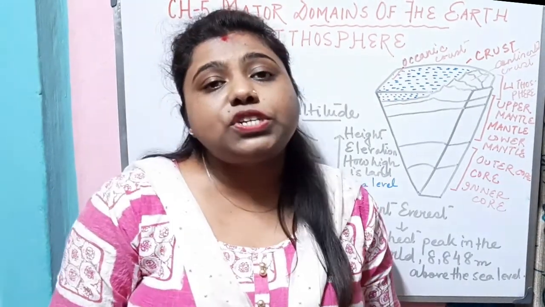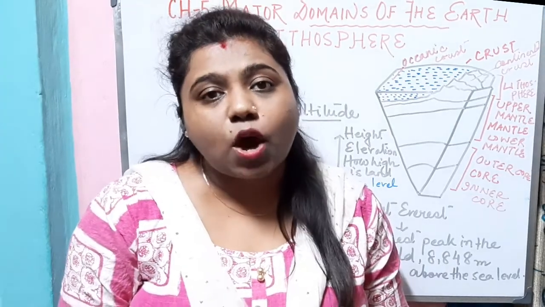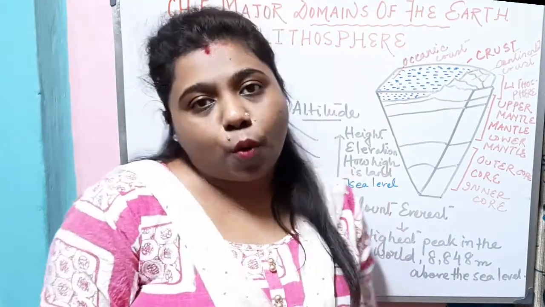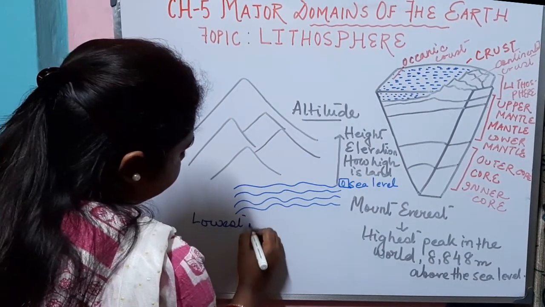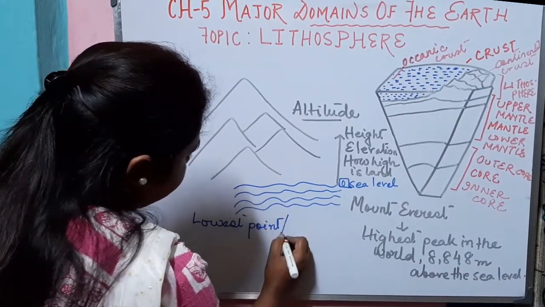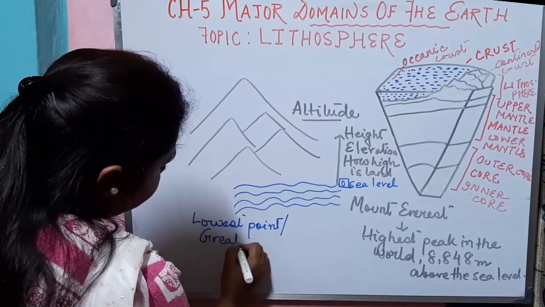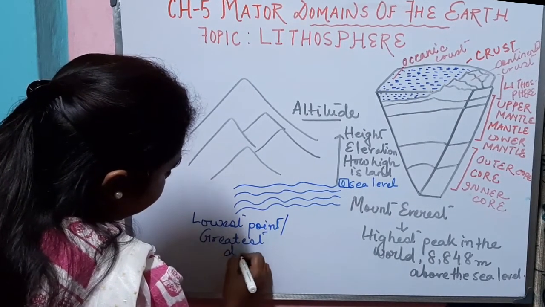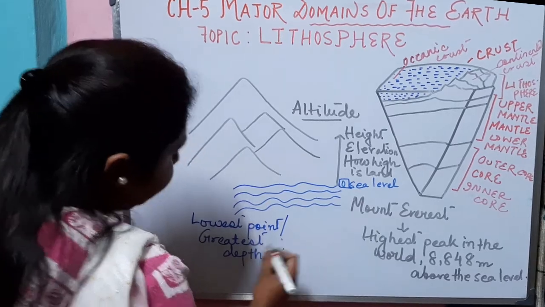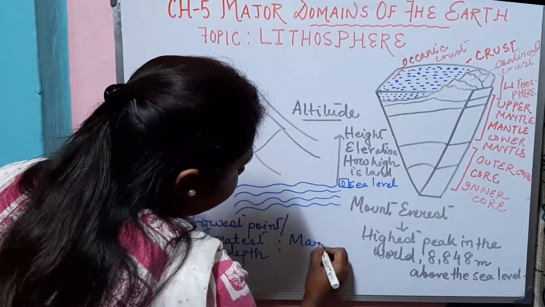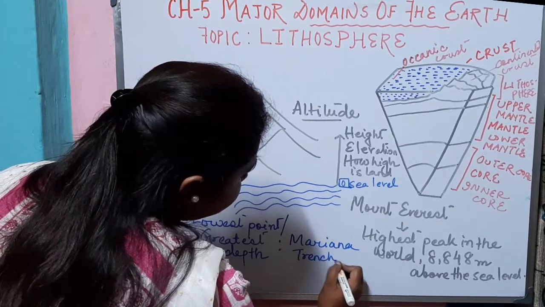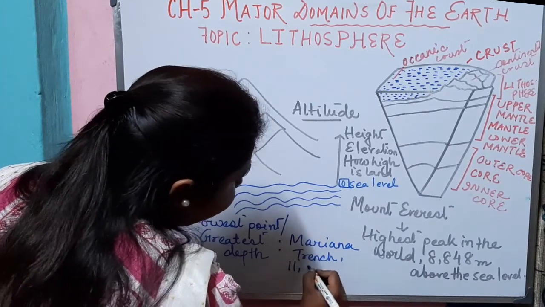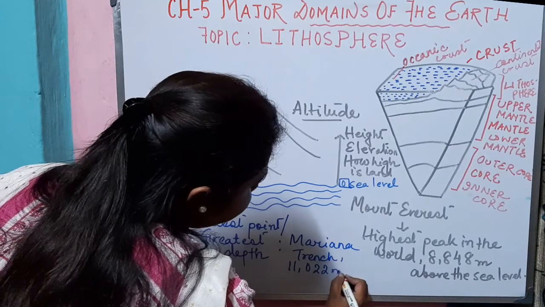Now let us know which is the greatest depth in the ocean. That means the lowest point in the ocean. The greatest depth is recorded in the Mariana Trench, which has a depth of 11,022 meters.